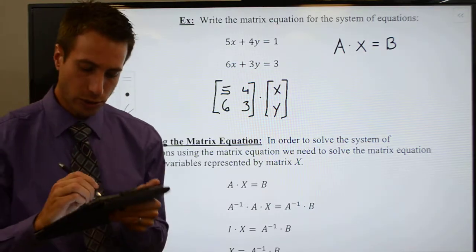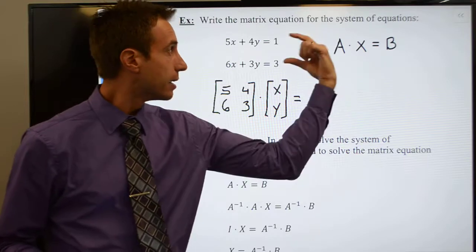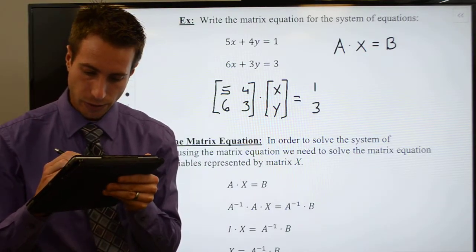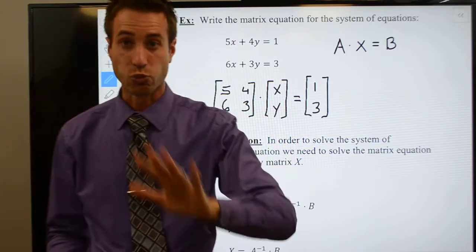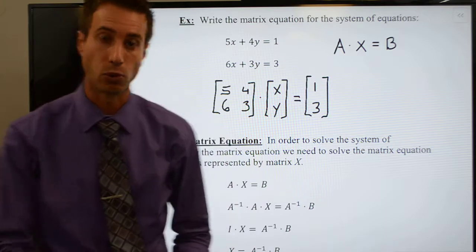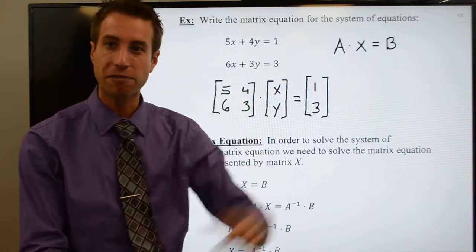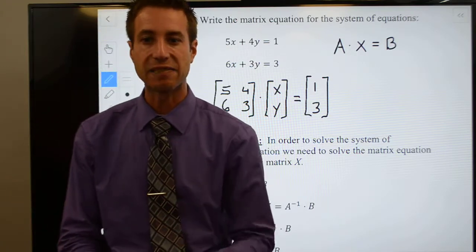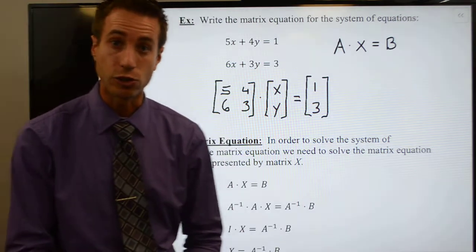Now, both of those need to be equal to matrix B. Matrix B is going to be my constants, 1 and 3. And guys, it is really just that simple. I'm going to write my matrix equation by pulling the information out of the system of equations that you've been given in the problem. Now, here's what we're going to do with it.